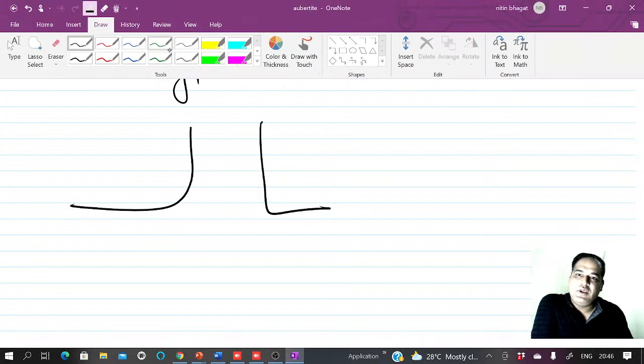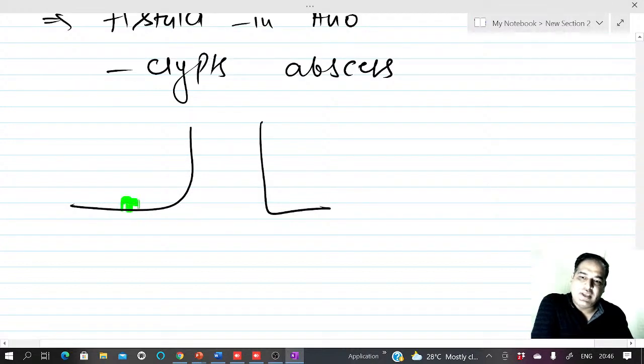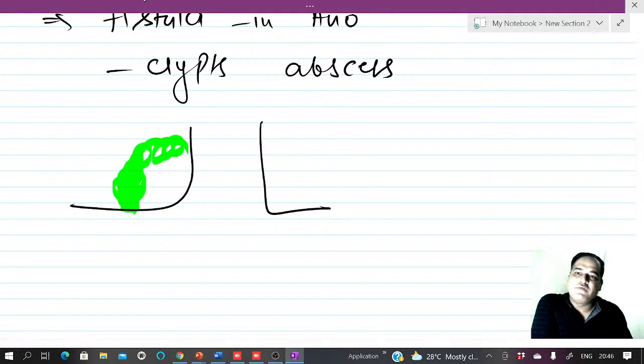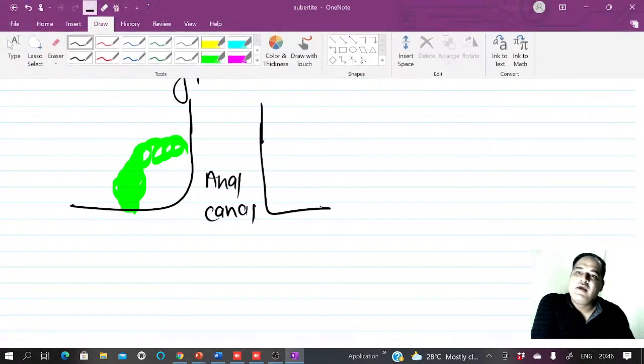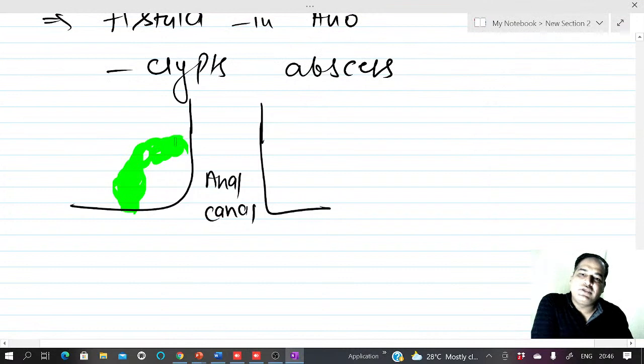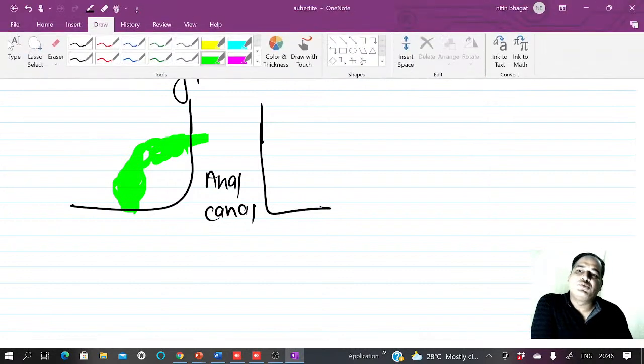Let's say there is an abscess here. Now suppose this abscess keeps on getting bigger. Because of the peculiar anatomy, let's say this is the anal canal, this will tend to open here.